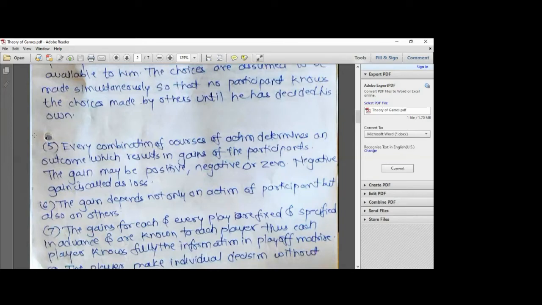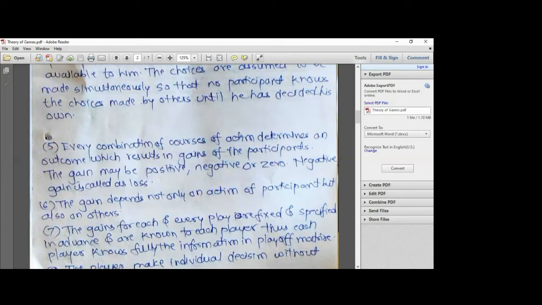So a few of the participants may incur losses, a few may make a profit, or there can be neither profit nor loss to any of the participants, it may remain zero, right?